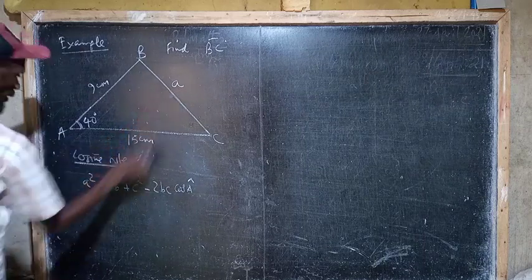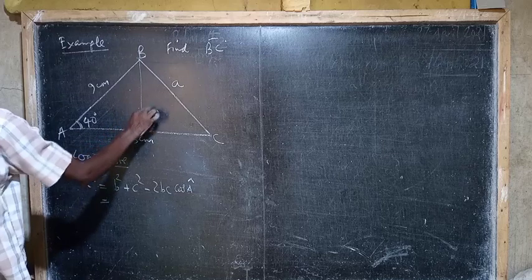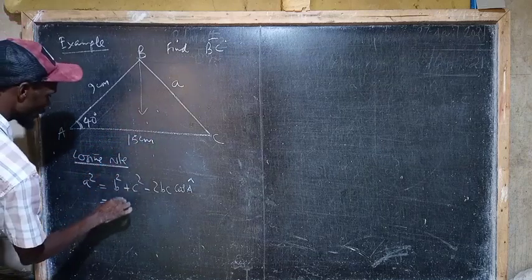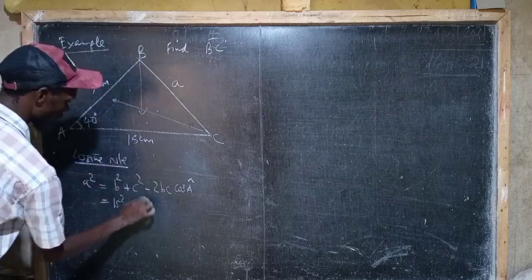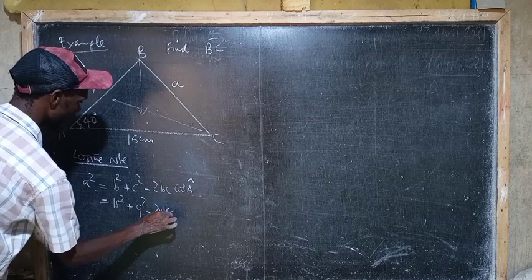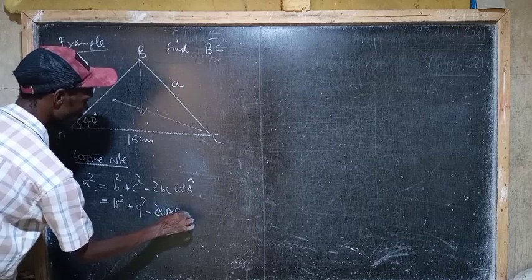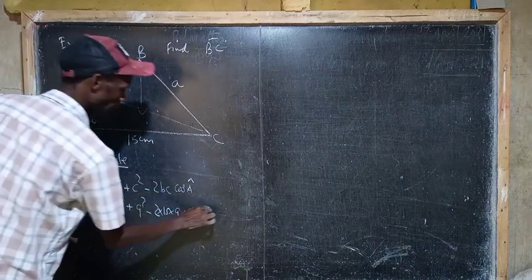Here b is 15, plus c is 9 squared, minus 2 times 15 times 9 times cosine of angle A.